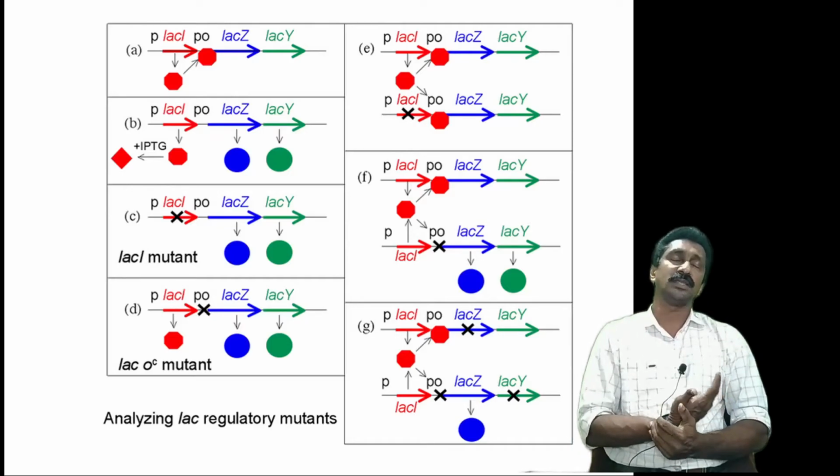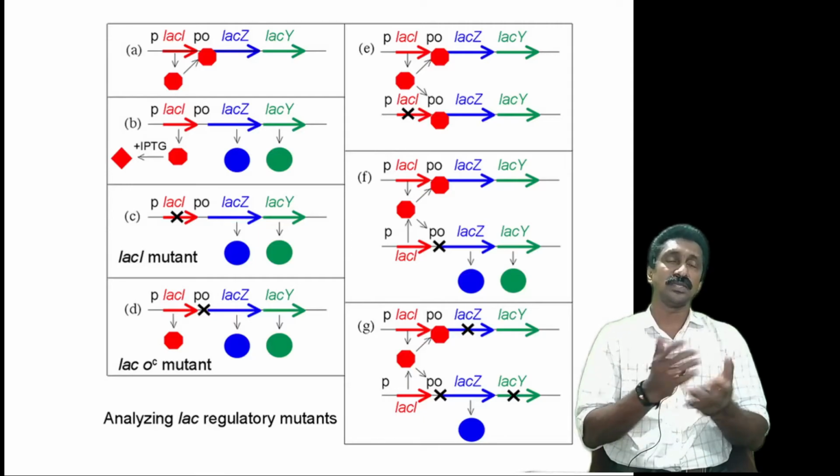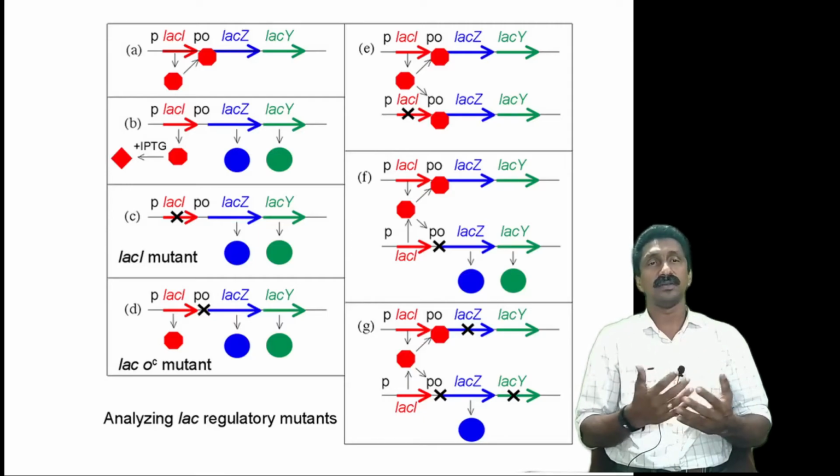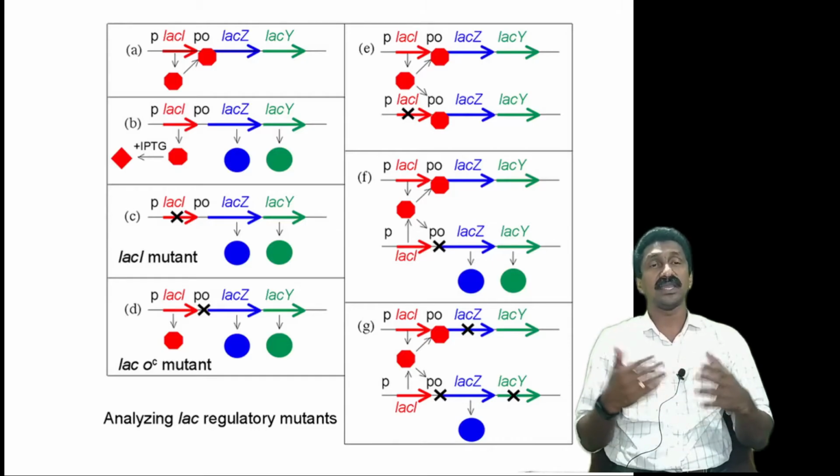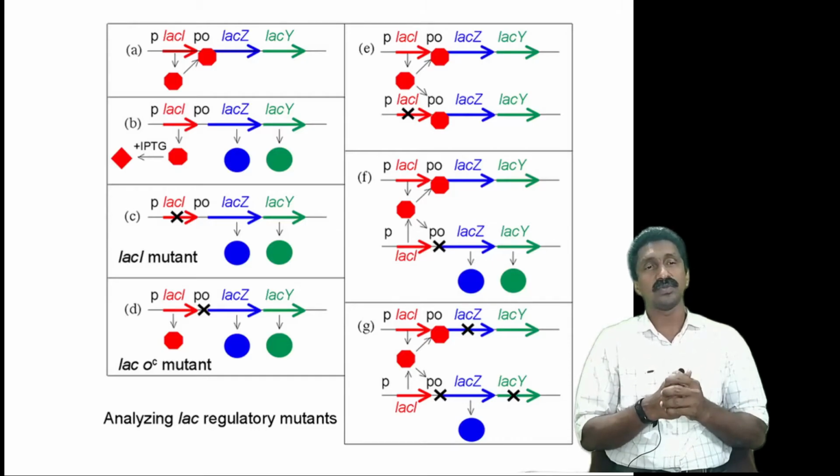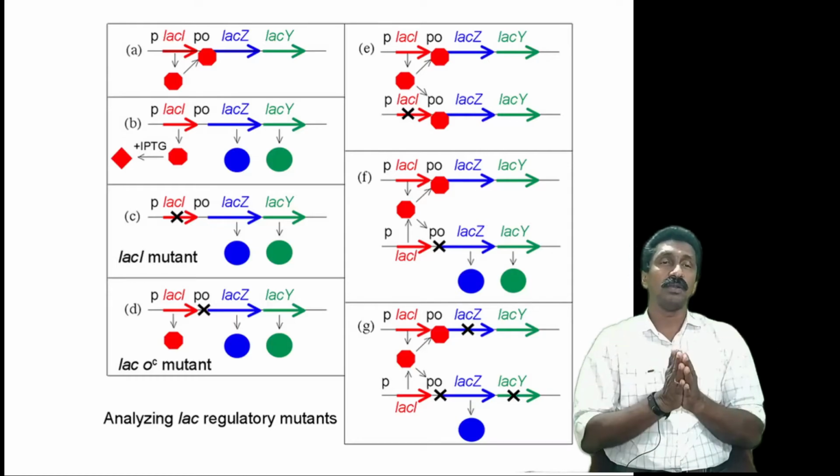This is used as a tool in genetic engineering studies, and for screening and selection of the successful mutants, we need selectable and scoreable markers.